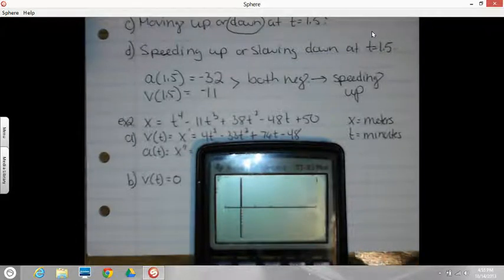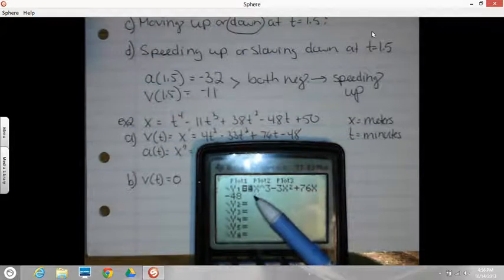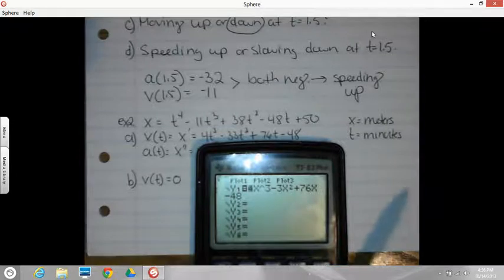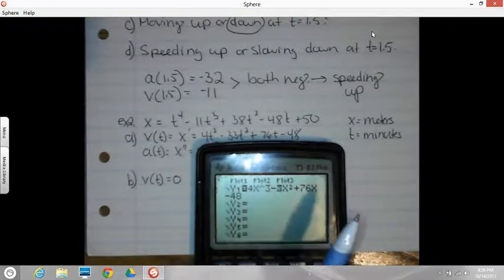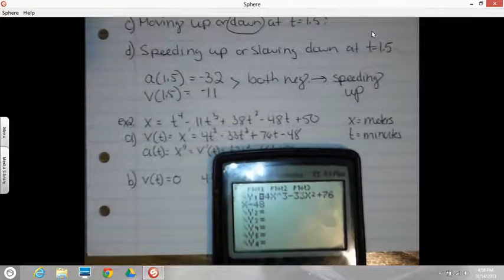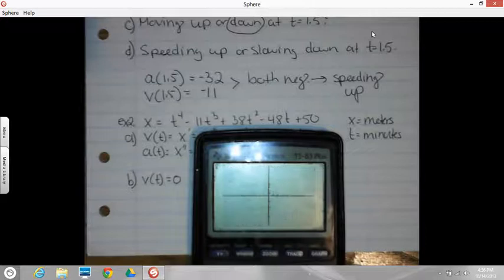Oh, that didn't work. Let me see, did I type this right? 4t cubed minus... see, I didn't type it right. I was going to say, insert 33. I knew something was wrong. Okay, go back to zoom 6.